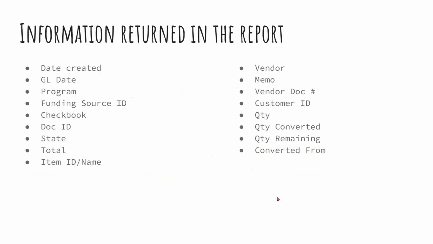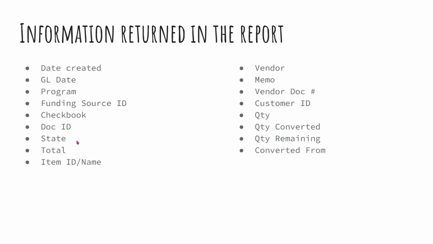This is the type of information we'll see on this report: the date something was created and the general ledger posting date. For our year-end work, the date created and the GL posting date might not be the same because we want to post items back into September 30th of the previous year. Program, funding source, and checkbook we can see, and we can use those to filter the report. The document ID, meaning a PO number, purchase requisition number, travel request, those types of information.